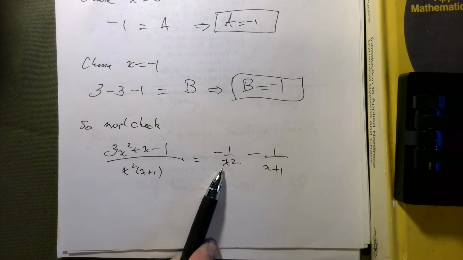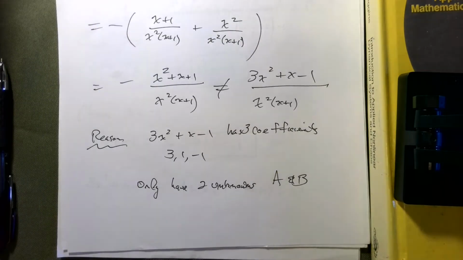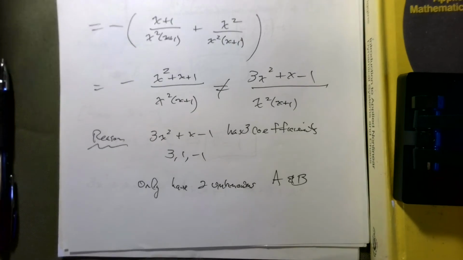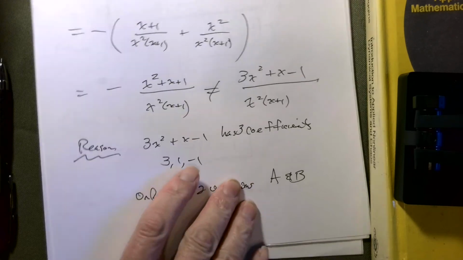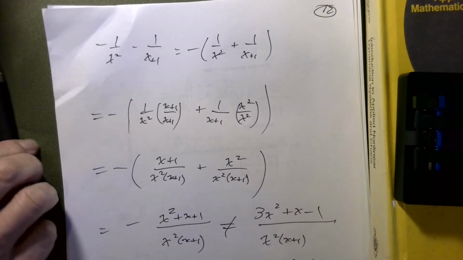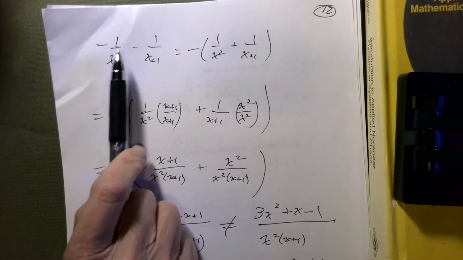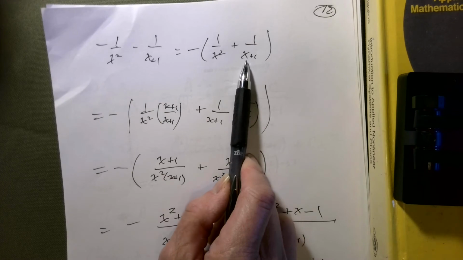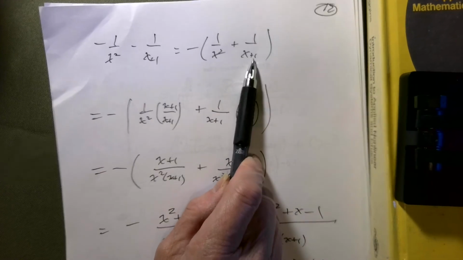Now we have to check this to make sure that this is actually correct. And what we're going to find out is we don't have the correct decomposition. So if I take a minus 1 over x squared minus 1 over x plus 1, so just pull out the negative and put these guys together. So then my common denominator is x squared times x plus 1.